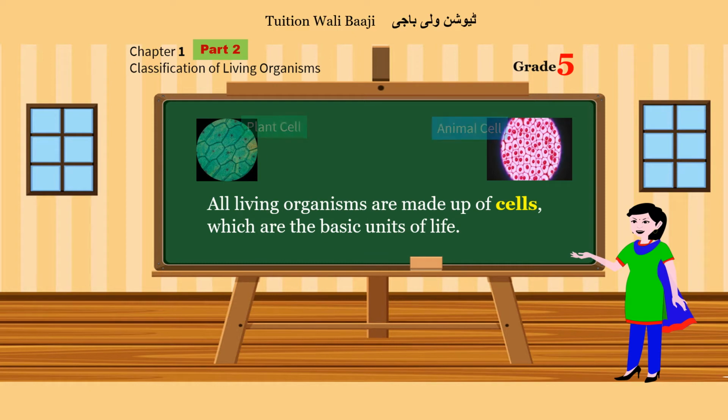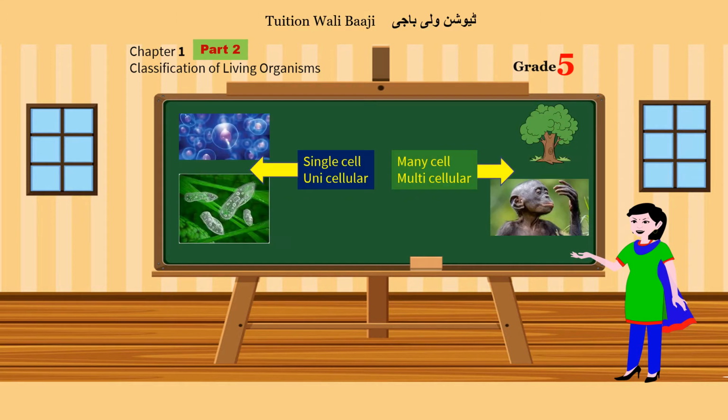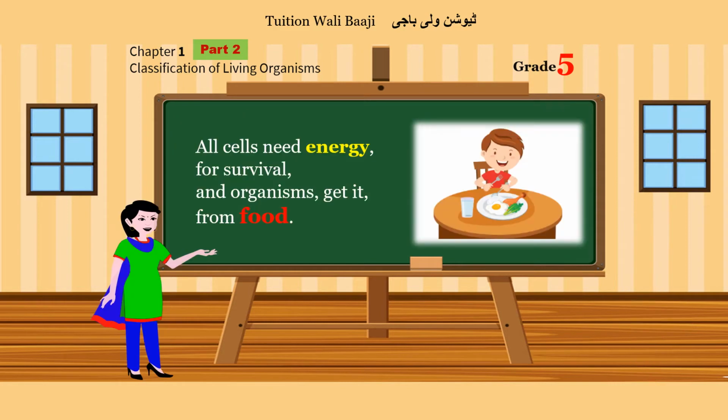All living organisms are made up of cells, which are the basic units of life. After that, we see whether the organism is made of a single cell or many cells. All cells need energy for survival, and organisms get it from food.